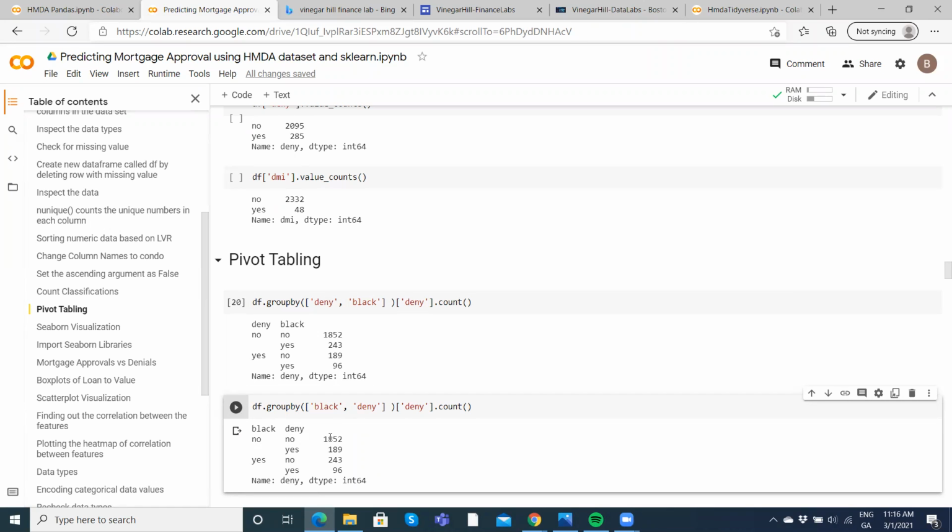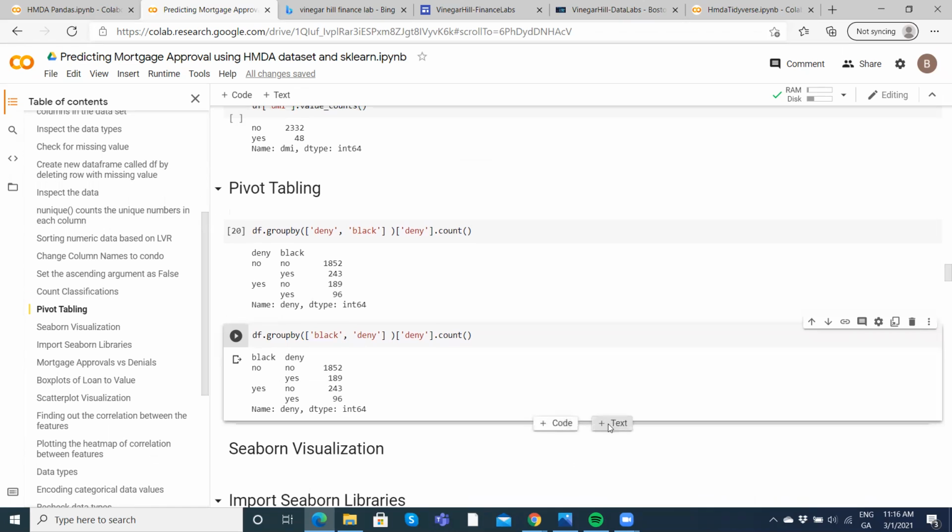That's the majority of the population. So that's 1,852 who are approved for mortgage and 189 who are denied. And then in the African American or Latino grouping, in this pivot table, we have 243 who were approved for mortgage, but 96 who were denied.